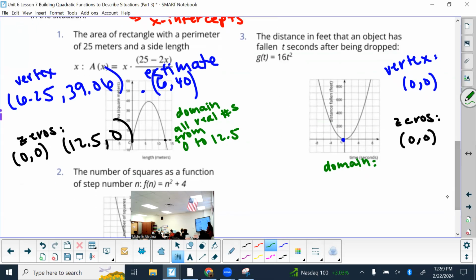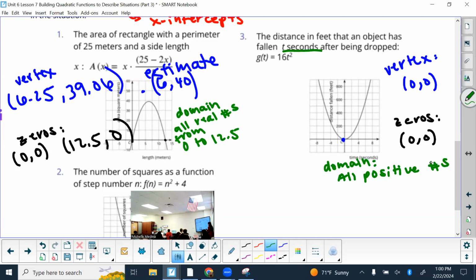So could I have, and just stay with what I'm asking, could I have a negative distance? Or a negative second, when we're talking about domain, we're talking about seconds. So then it should be all positive numbers. Is there any restriction on the distance that is good for travel?